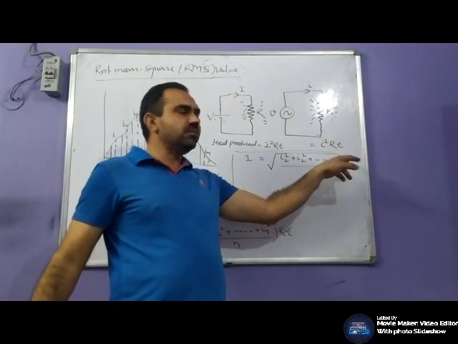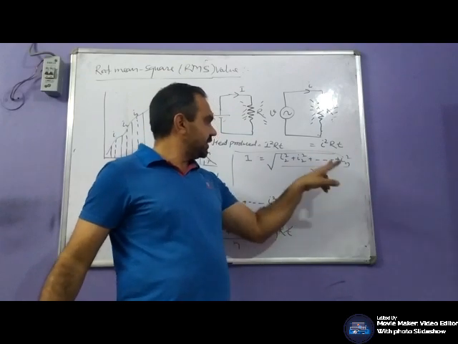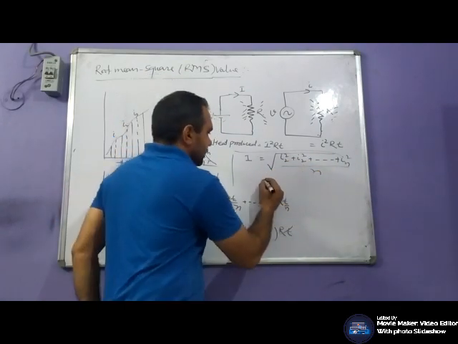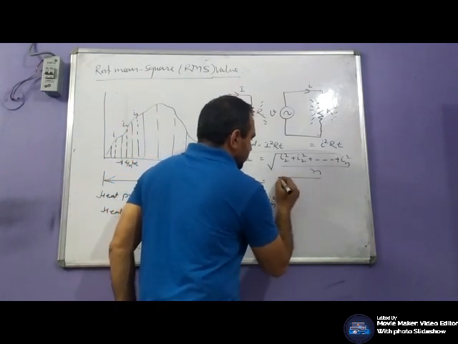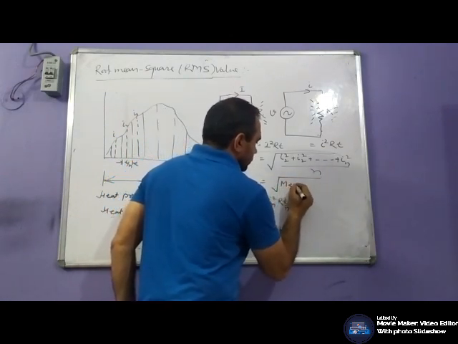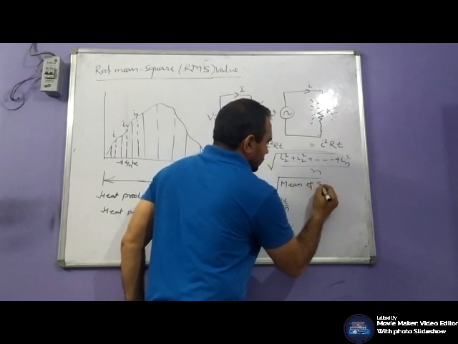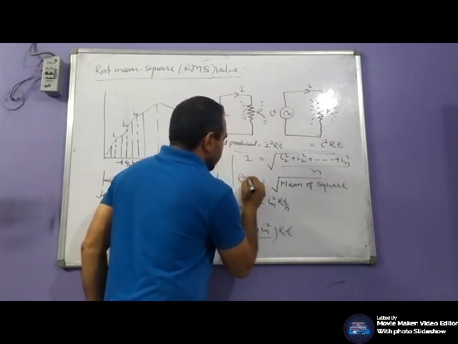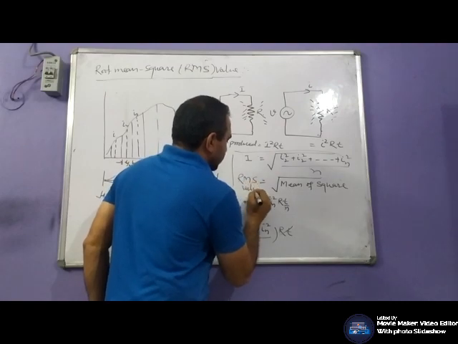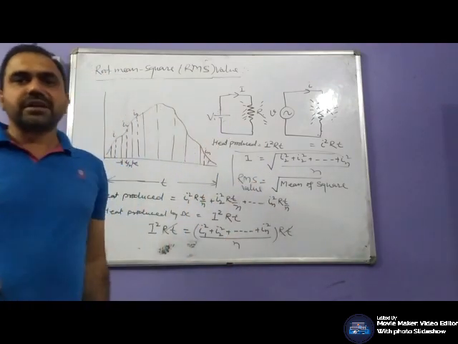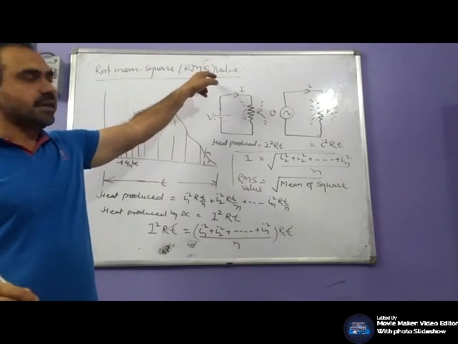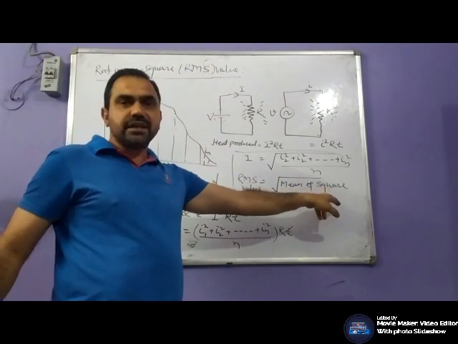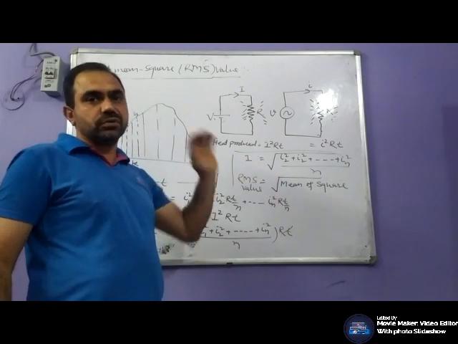These are the squared values, and the mean of these squares under the root is the RMS value. What its name indicates: RMS, root of the mean of the squares.